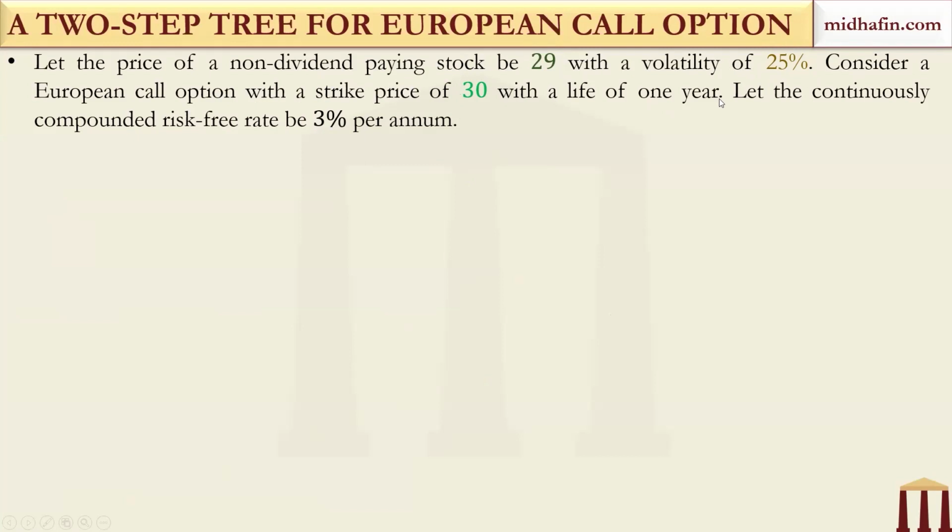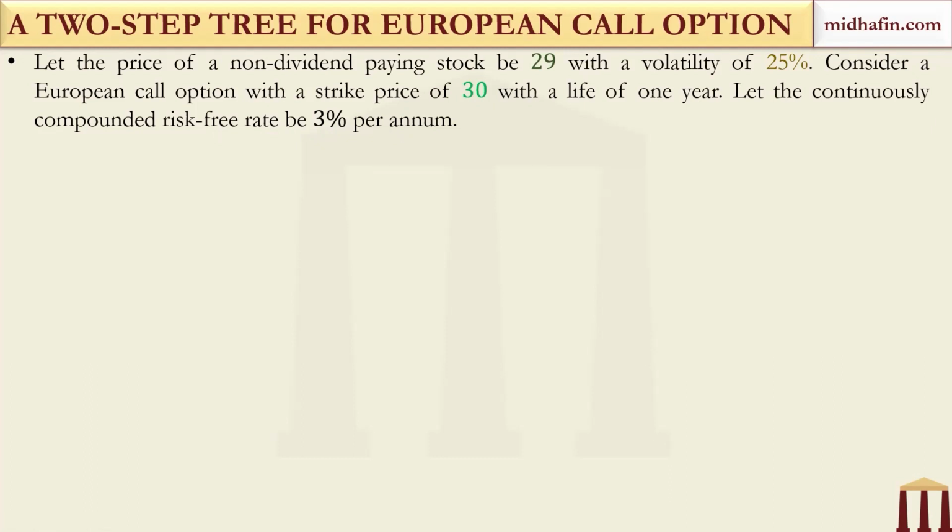That means T is 1 year. It's a 2-step tree, so delta T is 1 year divided by 2, that is 0.5 years. The continuously compounded risk-free rate is 3% per annum.